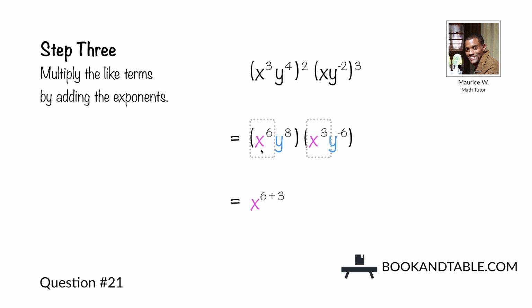X to the 6 times x cubed becomes x to the 6 plus 3, which is x to the 9th. Y to the 8th times y to the negative 6 becomes y to the 8 minus 6, which is y squared. So the final answer to question number 21 is x to the 9th, y squared.